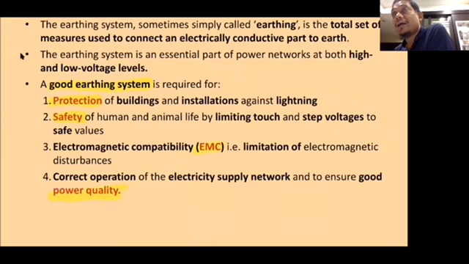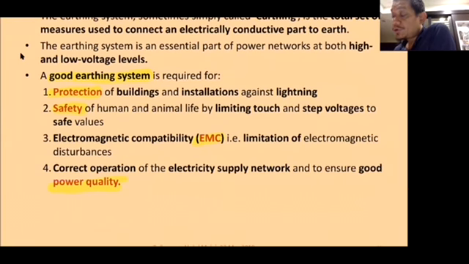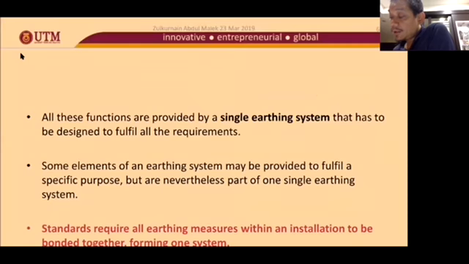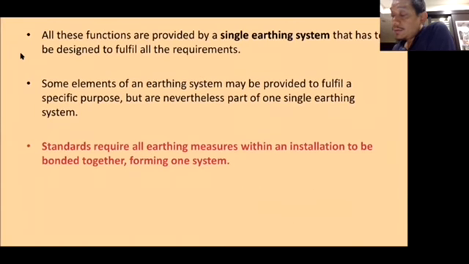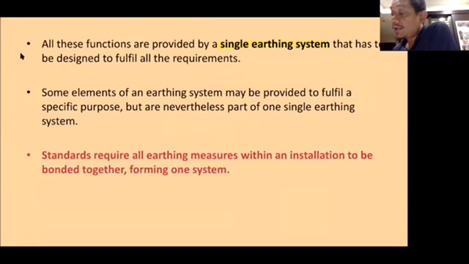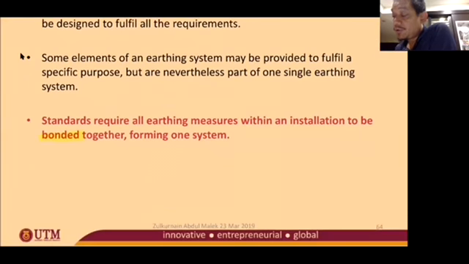Because if you have high earthing resistance, sometimes you cannot give safety. A circuit breaker can be influenced by grounding. Grounding as well as lightning may sometimes be just a single earthing. It has to be bonded together, forming one system.